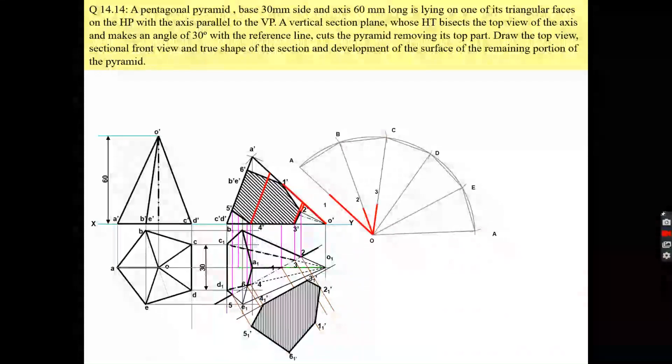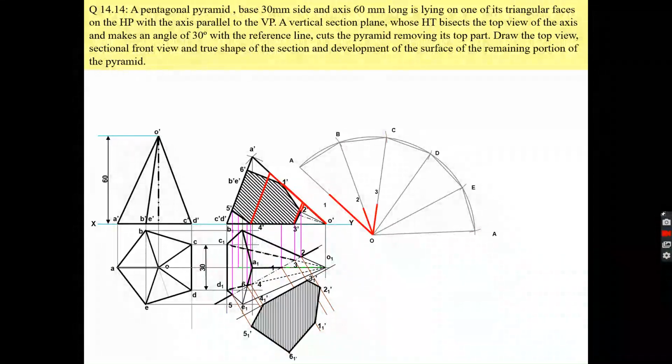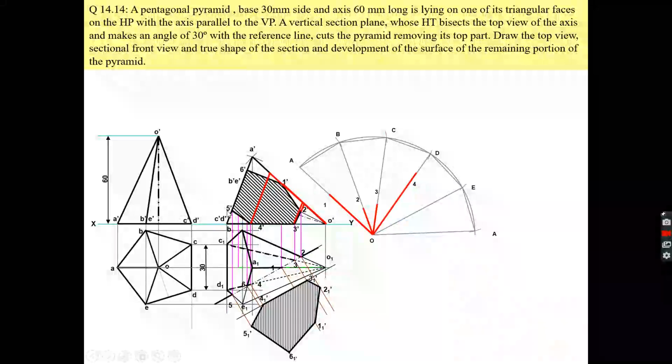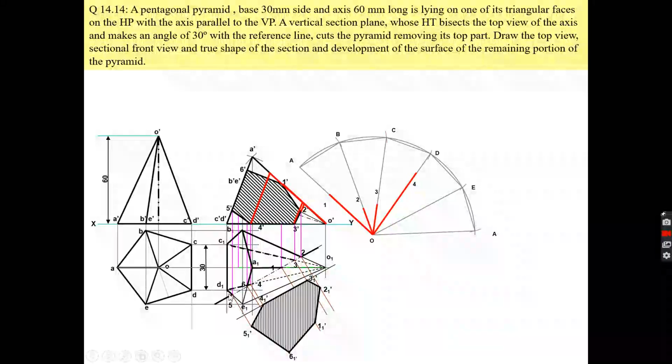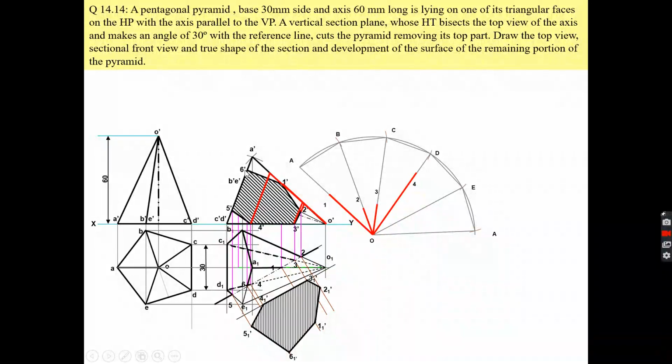Okay, after doing that, you can see here your point 5 and point 6 are not on the slant edge, they are on the base of the pentagonal pyramid. Okay, so point 5 is on the base DE, and point 6 on the base side AE.